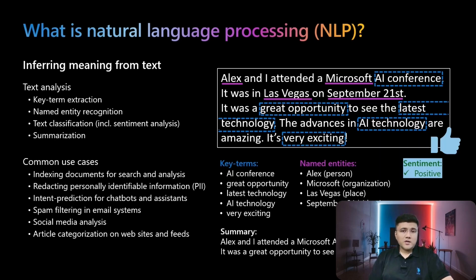We also do text classification, which tells you whether this text is saying something positive, negative, or neutral, something like sentiment analysis. And we also do summarization. Maybe you have multiple paragraphs and a lengthy blog, but in summarization you get a very short snippet of it, like the moral of the story.